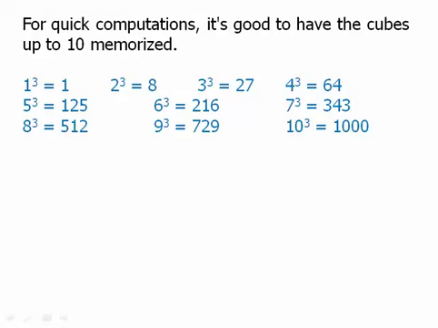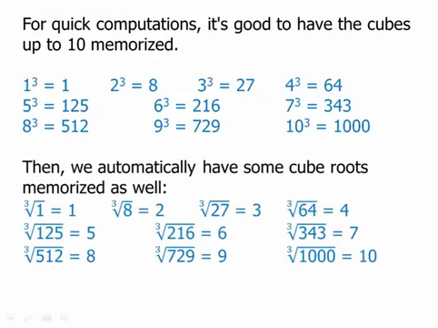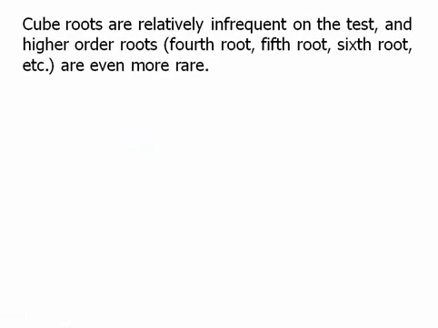It would also be 2 cubed squared, or 8 squared. And of course 8 squared is 64 also. So there are some patterns here that we can observe practicing our laws of exponents. If we have these cubes memorized, automatically we have a bunch of cube roots memorized. And so that can be very convenient.